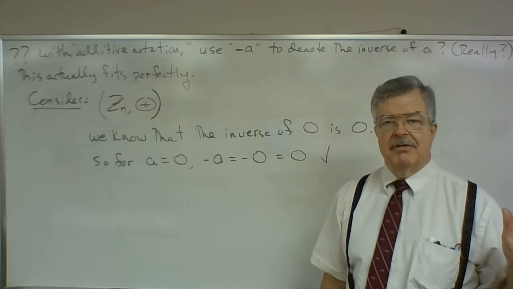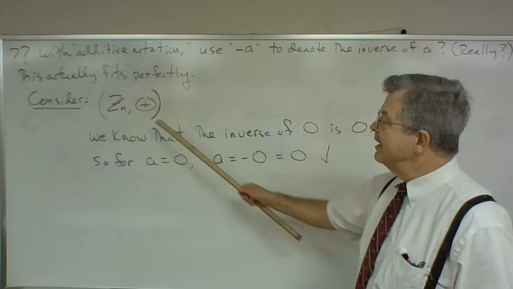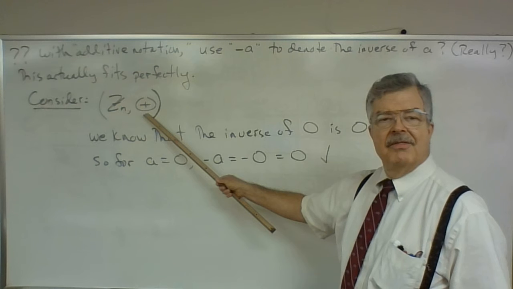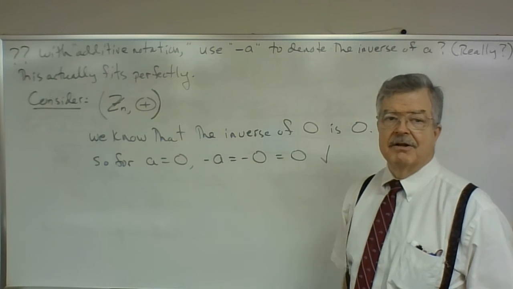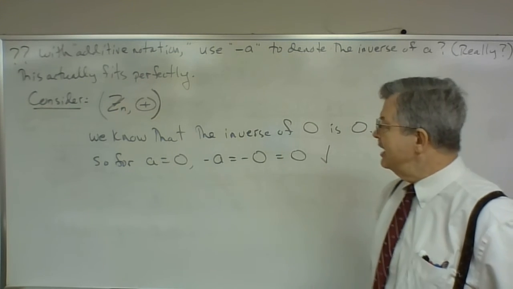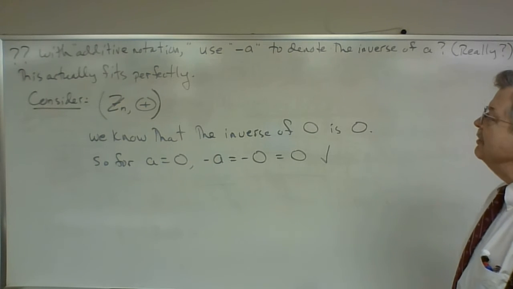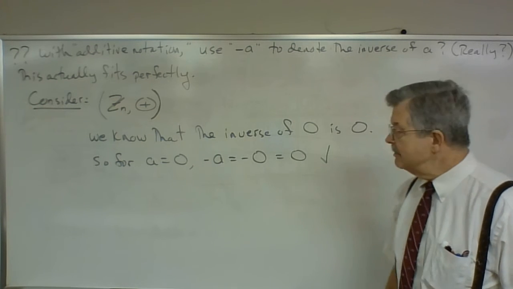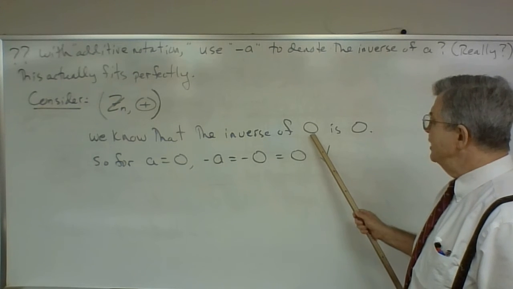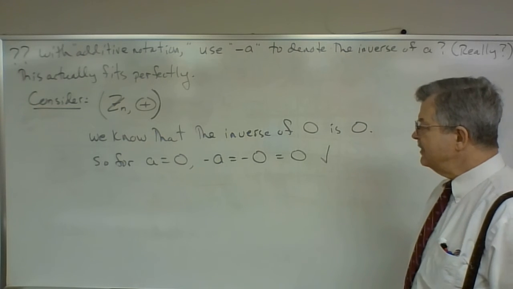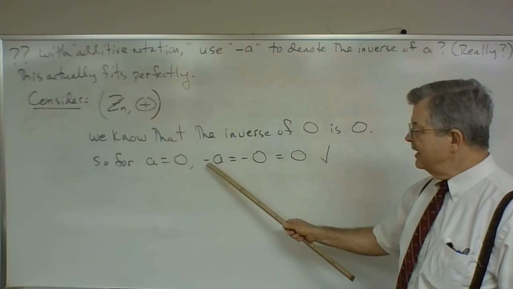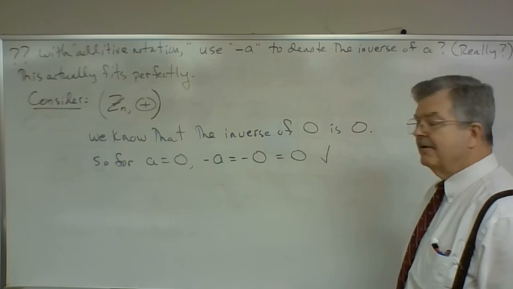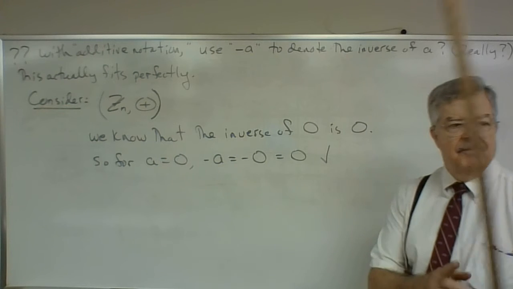But let's look at some other groups, like maybe the integers modulo n, where the operation is addition modulo n, additive notation. So is this idea of negative A being the inverse of A really a good one? Well, let's see. The inverse of 0 is 0. So if A is 0, negative A is negative 0, which of course is 0. So that works.